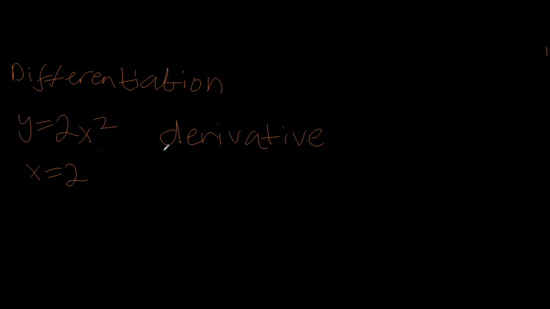That function that we come up with is going to be such that if we want to find the gradient at x is equal to 2, we simply plug in the value of 2 inside that derivative, and we spit out an answer, and that answer is the gradient when x is equal to 2.